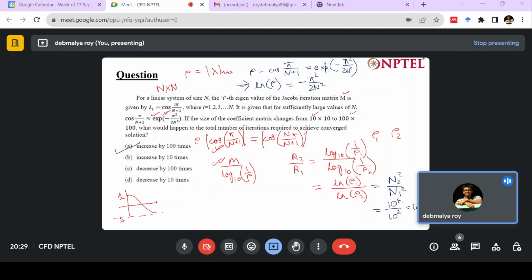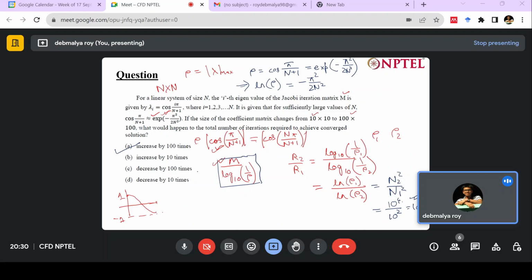So this is the expression for our iterations, right? If I simply take the ratio between these two, the number of iterations, and I get 100, then I am seeing that the number of iterations required is just 100 times.